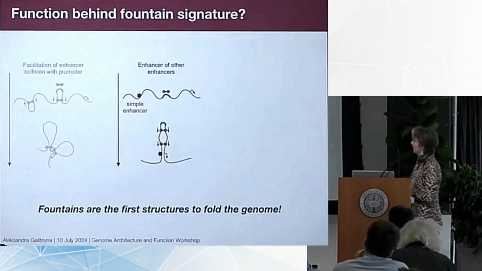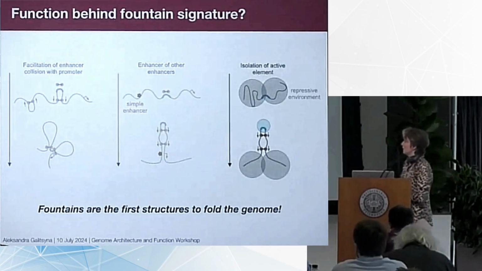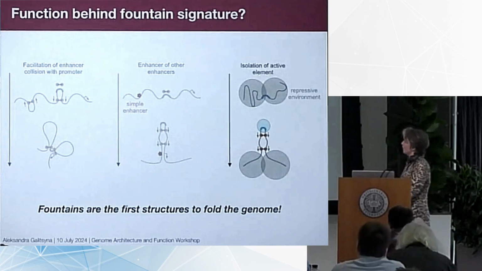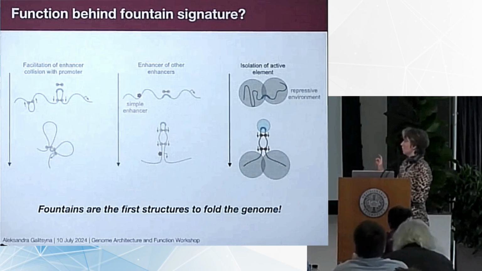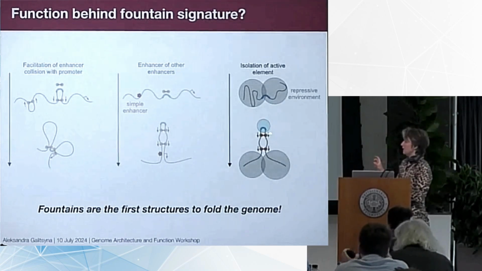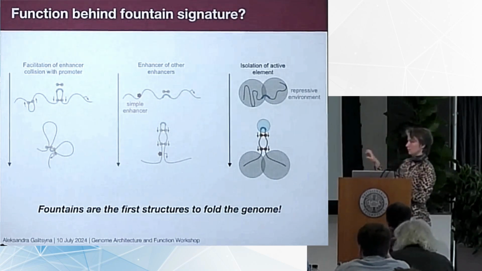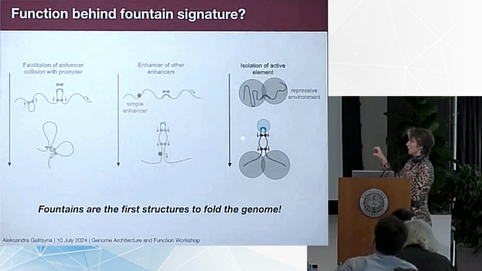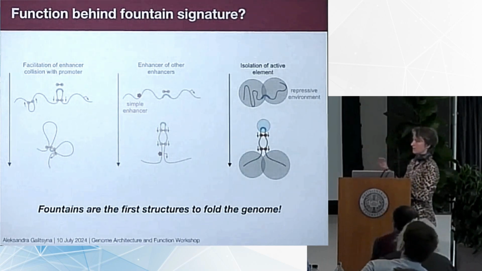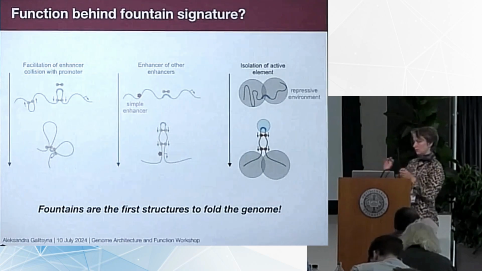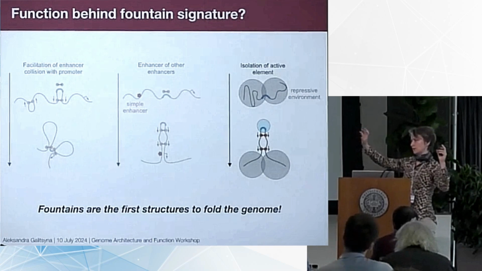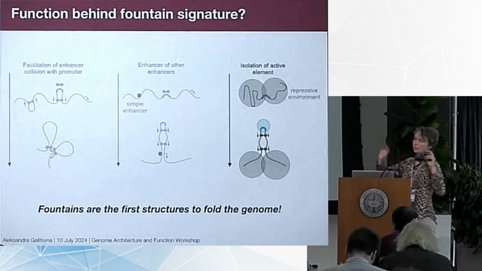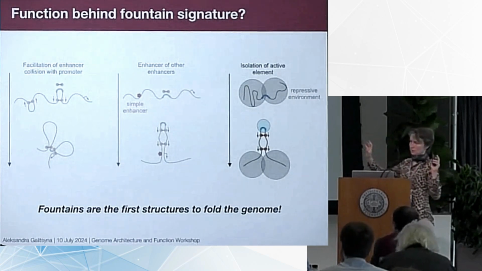And finally, an alternative model that might work here is coming from the observation that, in fact, when cohesin is loading at a single site, it is likely to isolate this region where it was loaded a little bit from the surrounding areas. We can see that already from the pileup plots that you have seen, that the enhancer itself is forming white stripes to the side, which means that it's not really enriched in interactions with the surroundings.